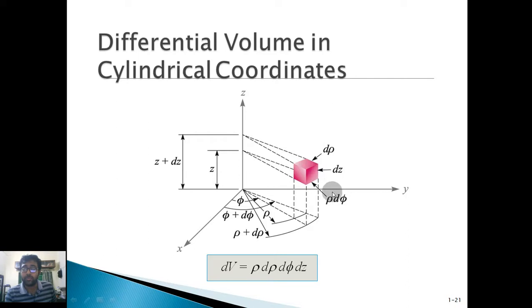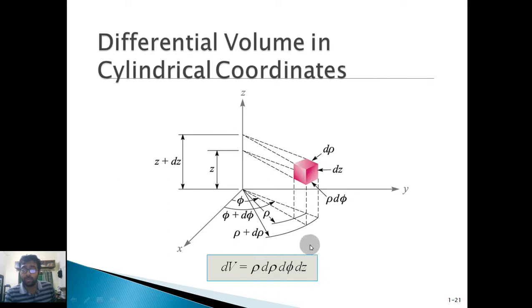Now if we multiply the radial distance with the angle that this specific infinitesimal small space creates with the center, we will get the length of that specific arc. So this is the length of the arc, rho d phi, and this is the value of d phi, and this is the value of dz.